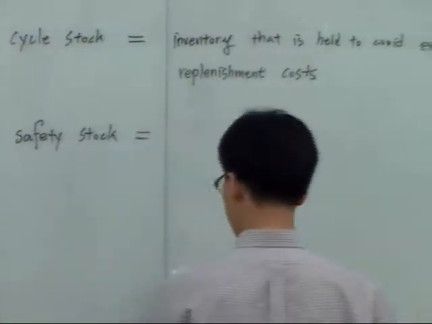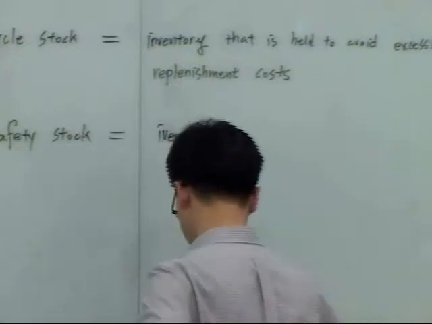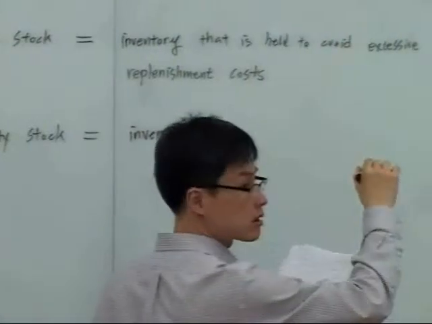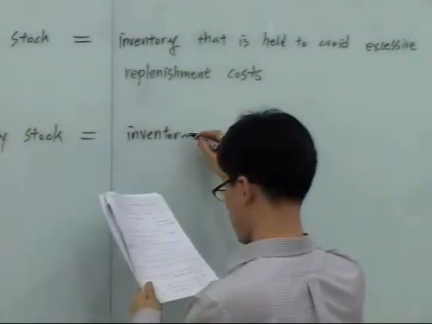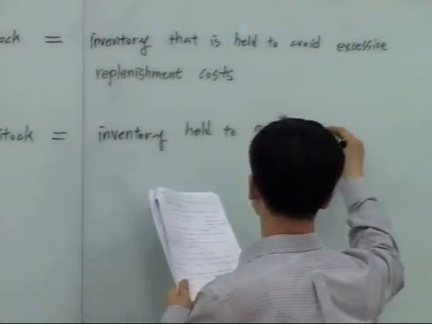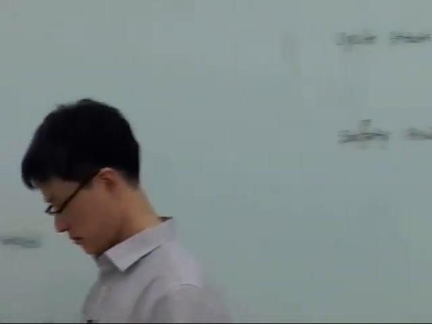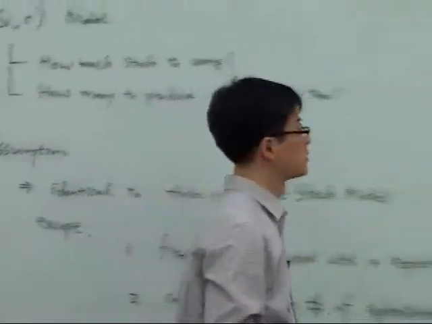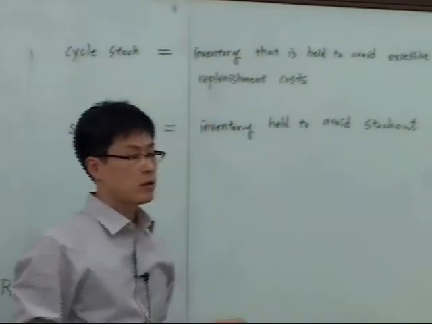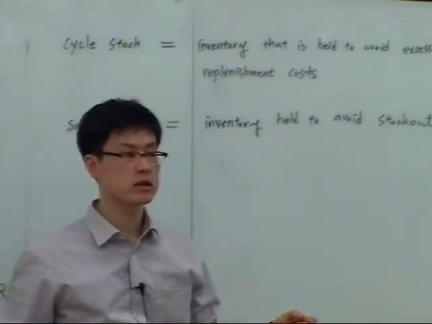And those stocks we define as cycle stock. And safety stock is the same as the safety stock in the base stock model: inventory held to avoid stock out. If we only consider cycle stock and inventory cost, then it's the EOQ model.